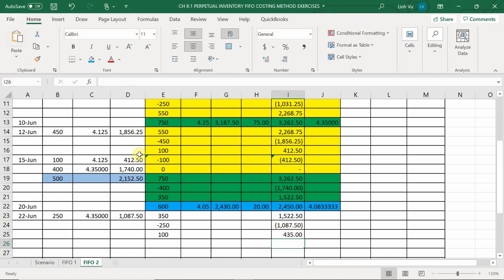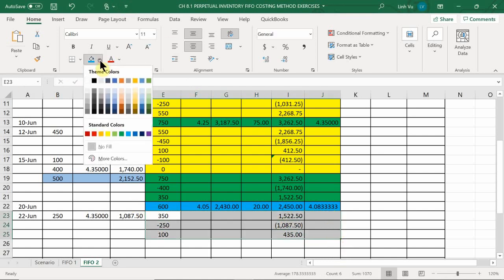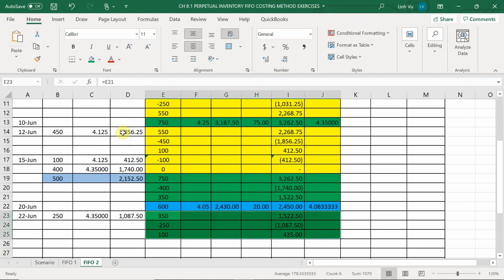So yes, we should have a remaining balance of 435, which we know that this is related to our green batch of inventory.